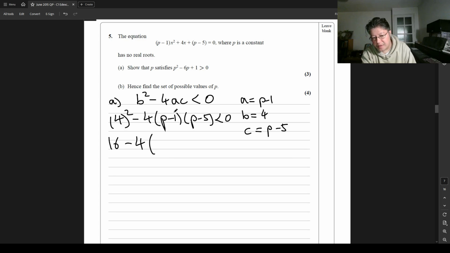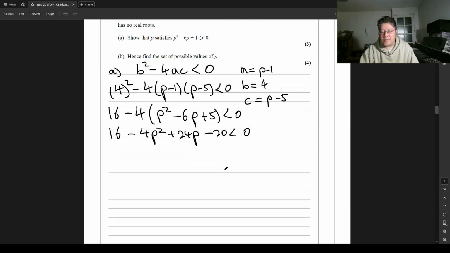So that's p squared, and then we get minus 5p minus p, so that's minus 6p, and then we get a plus 5, less than 0. And now we'll expand this. 16 minus 4p squared, and then minus and minus is a plus, so that's plus 24p, and then minus 20 is less than 0.